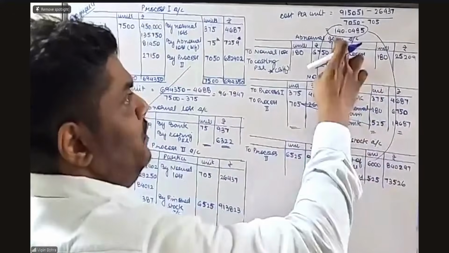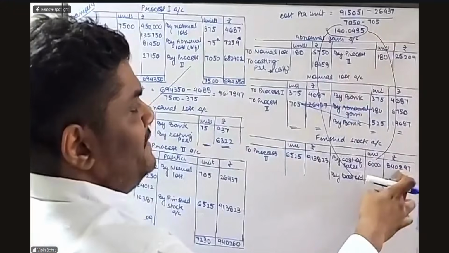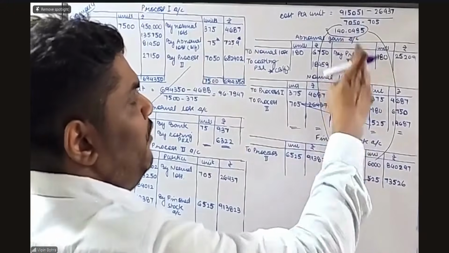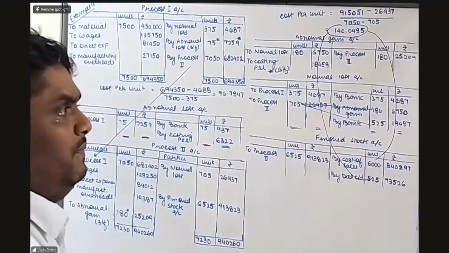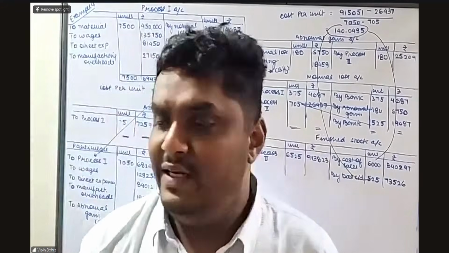So 6,000 into 140.0495, this amount, and 525 into 140.0495, this amount. I hope this part is clear to all.